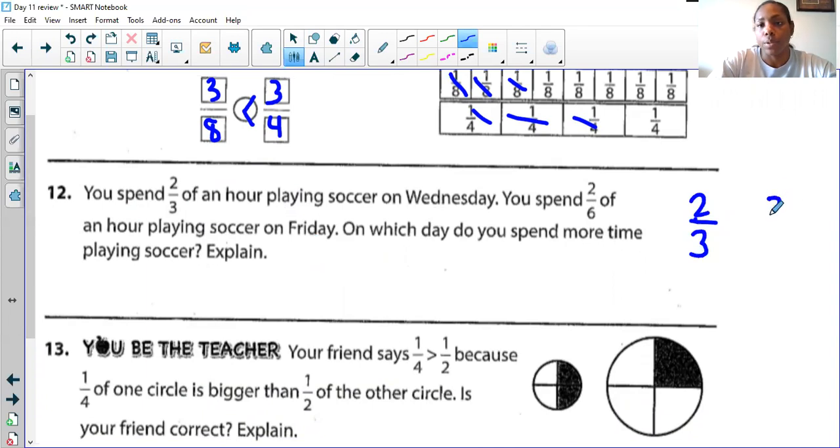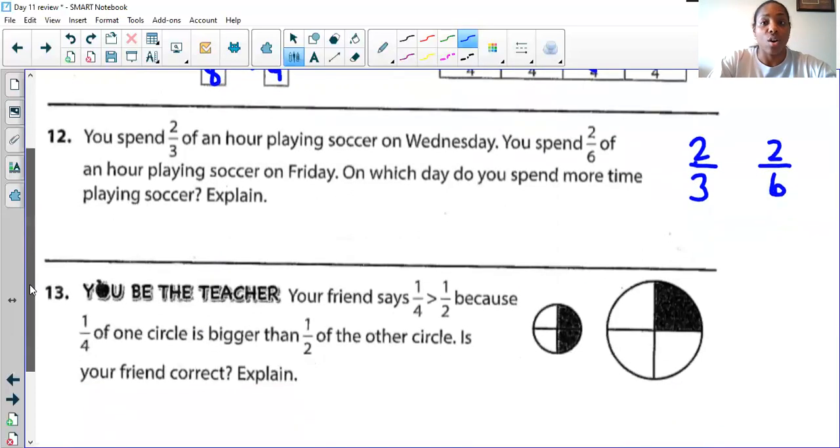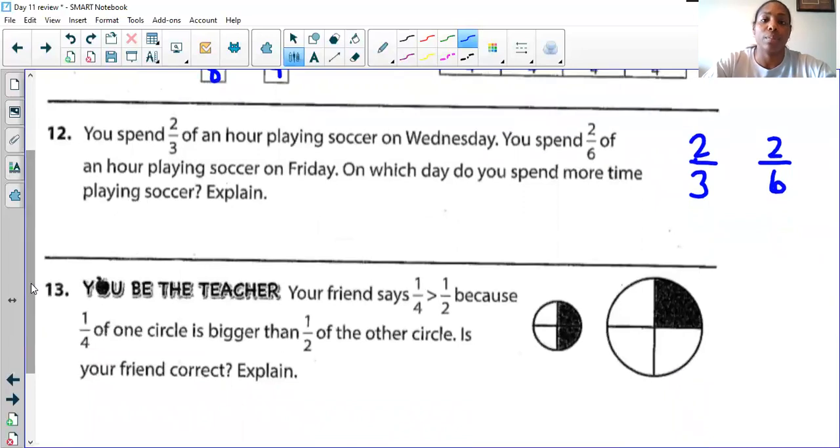Now remember, you're looking at the fraction that has the smaller number in the denominator, and that's going to make it the bigger fraction. So I kind of just gave you the answer. I want you to go ahead and try to complete 12 and 13 on your own. I'll be here when you get back. Go ahead and pause the video at this time.